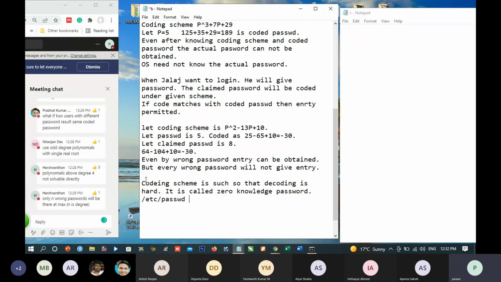So getting the coded password is not a problem nowadays. You can always see the coded passwords of others. And even if the coding scheme is known, you cannot know the original password. It stores the coded password. Is this correct to you or not?